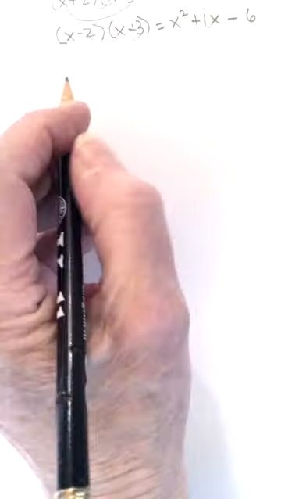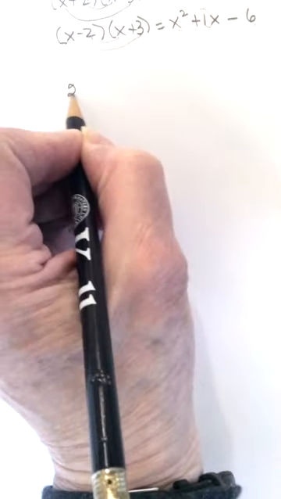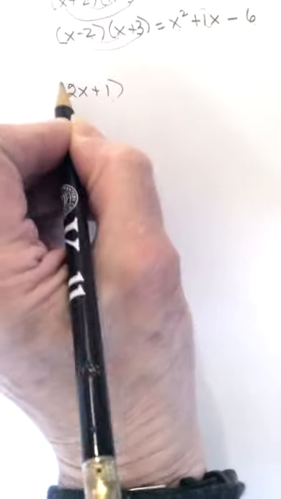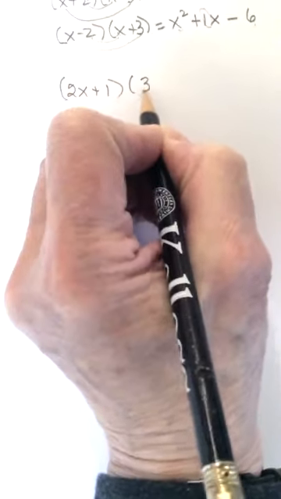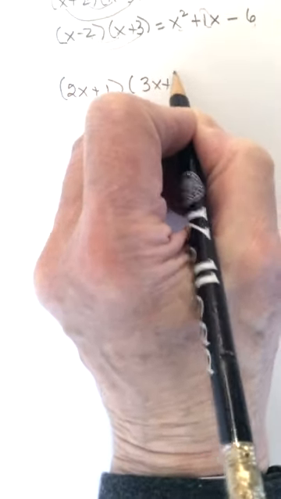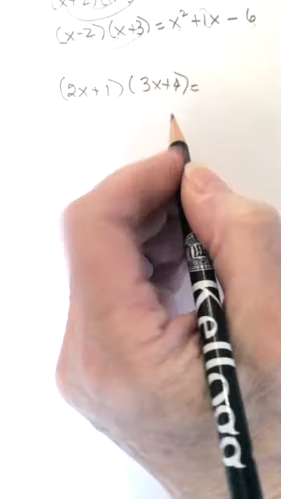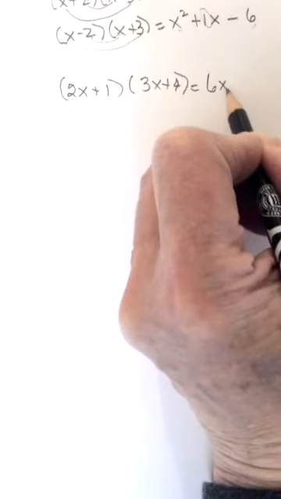And we'll start with 2x plus 1 times 3x plus 4, and this is going to be 6x squared.